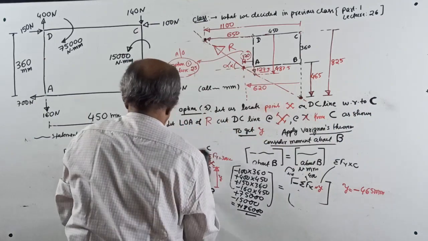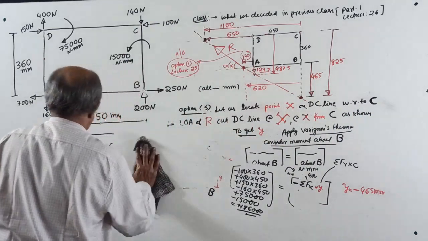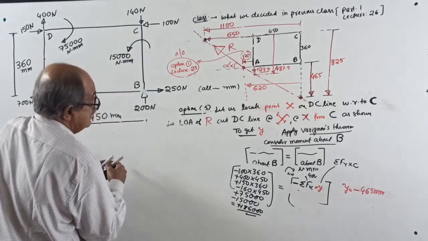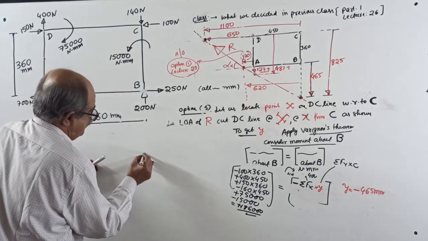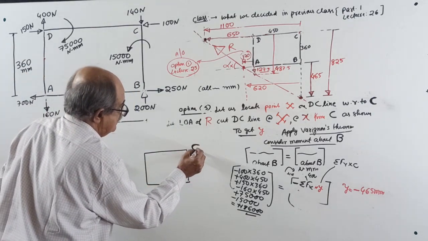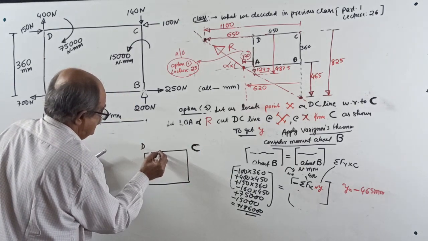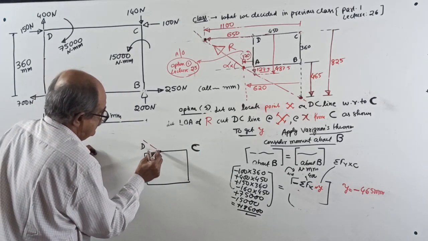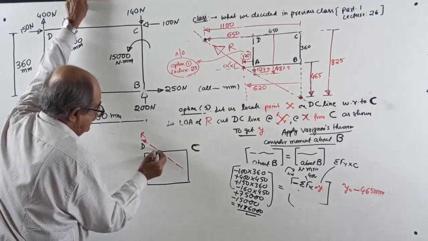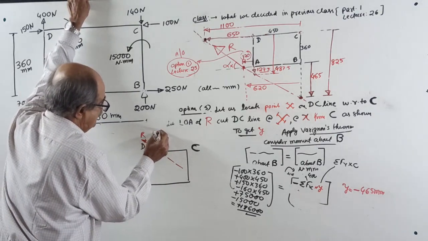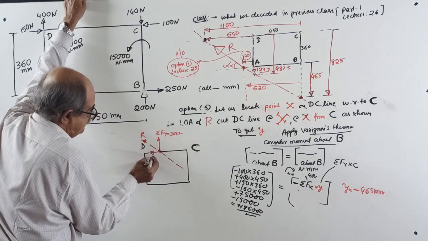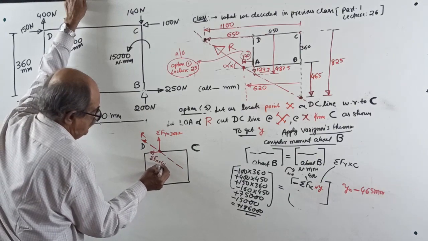New sketch you write. Somewhere here, resultant R. Now here, mark sigma Fy equal to 300 Newton, sigma Fx equal to 400 Newton.